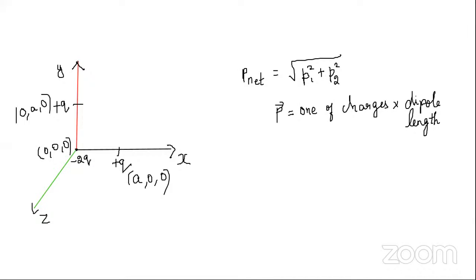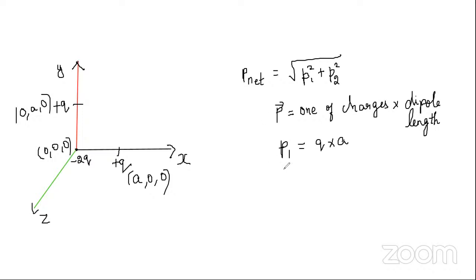So now what you can do is you can write down the expression for P1. This P1 is equal to one of the charges, you can take Q, into A. Q into A. This is P1. Then the next thing is P2.